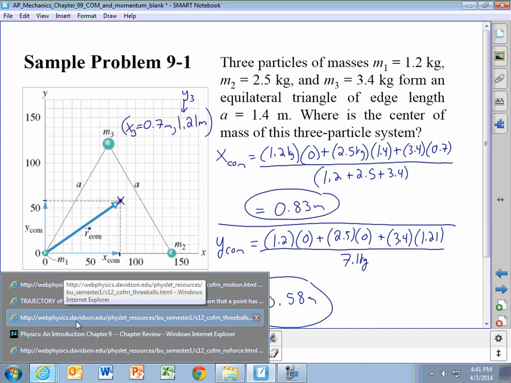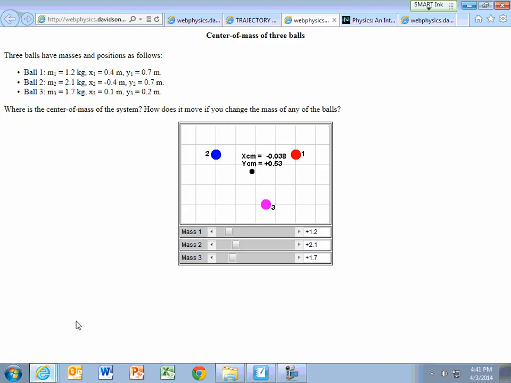Again, kind of looking at some of those things. This is another example where we have three masses. Again, you could go through and see where the center of mass is. The x-coordinate of the center of mass. I say that ball 1 has a mass of 1.2 kilograms. It's at an x-coordinate of 0.4 meters.